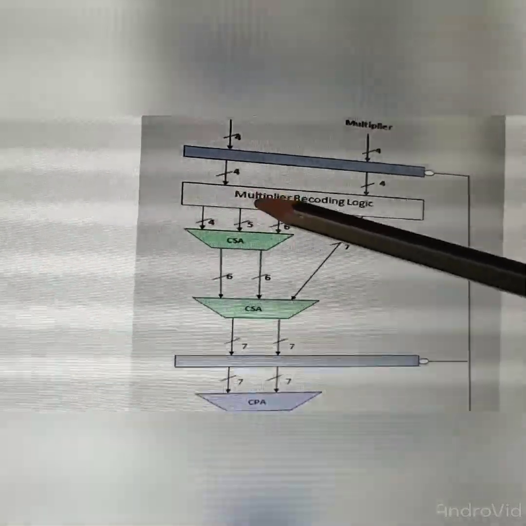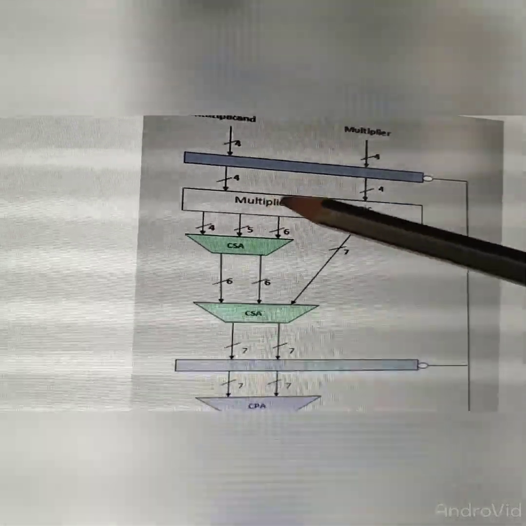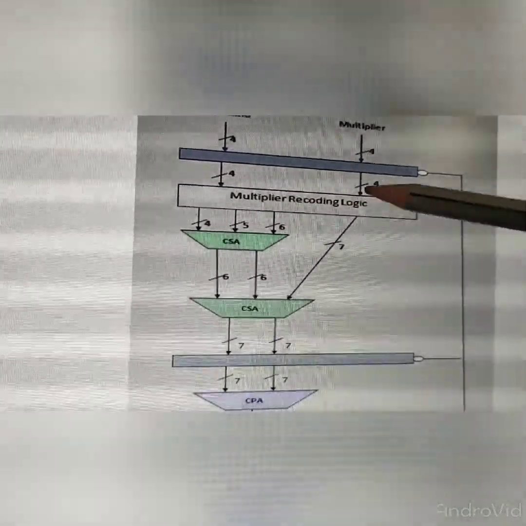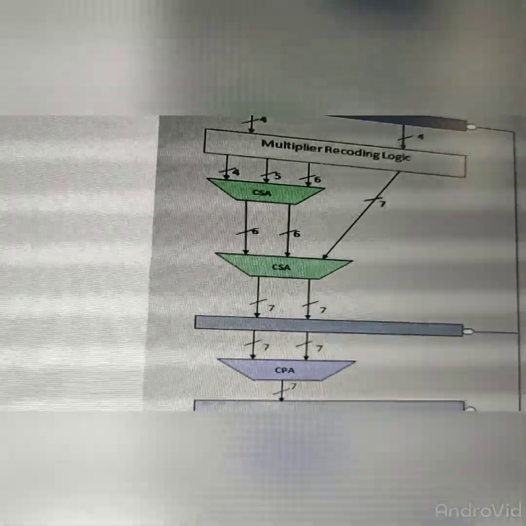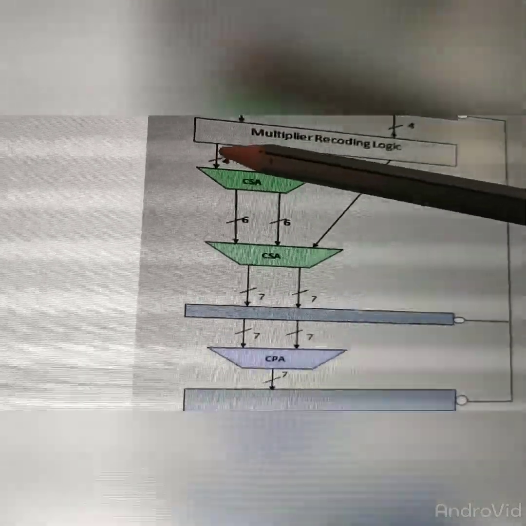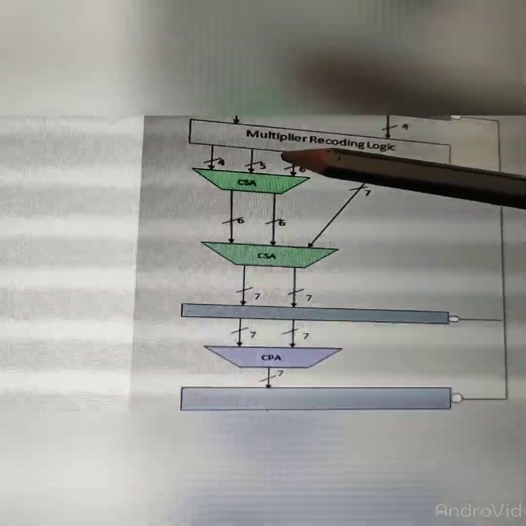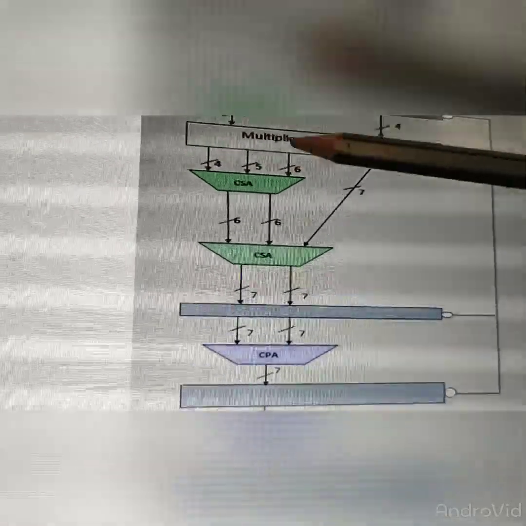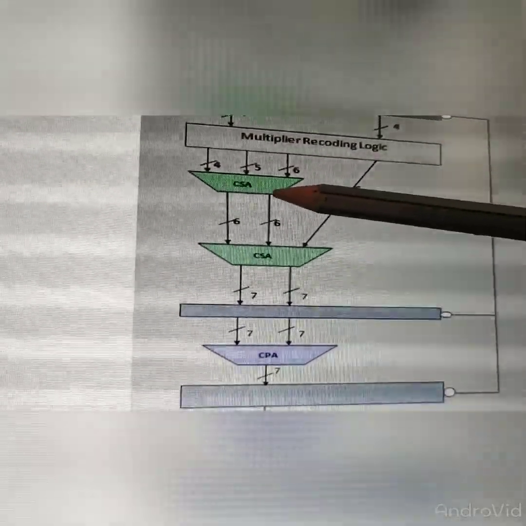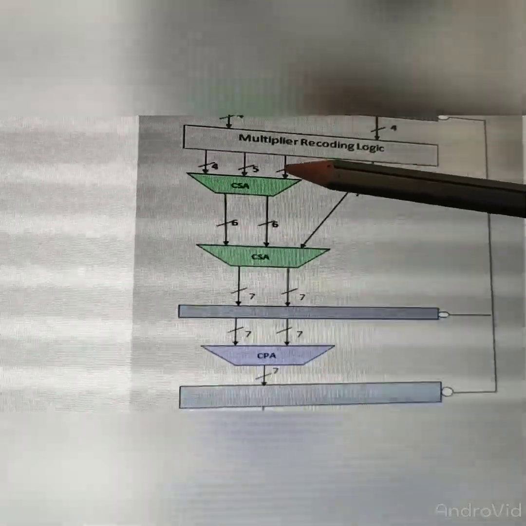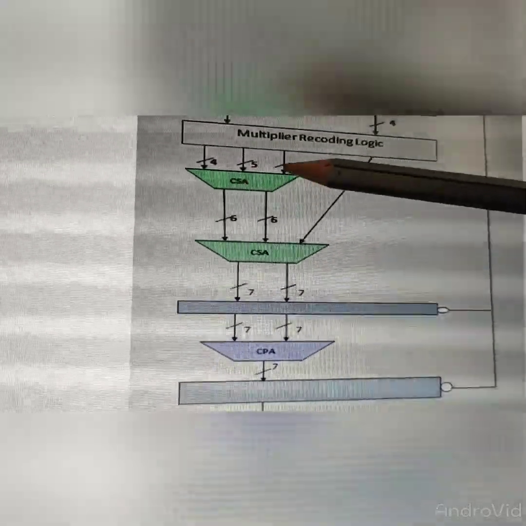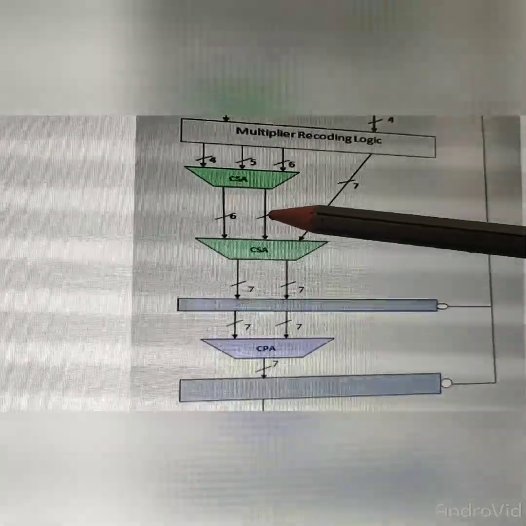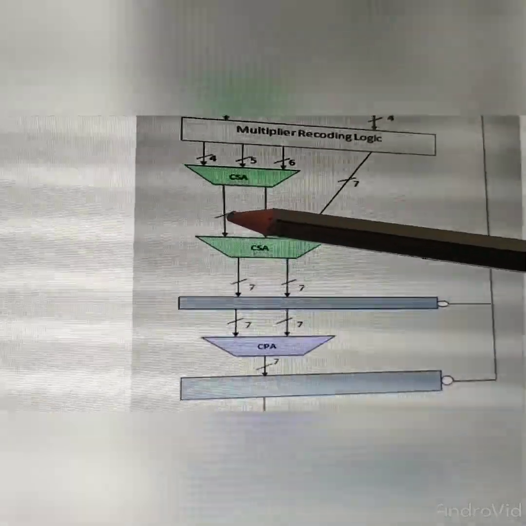P0 has 4 bits, P1 has 5 bits, P2 has 6 bits, and P3 has 7 bits. Then P0, P1 and P2 are passed to the carry save adder. Maximum number of bits passed to this carry save adder is 6. That's why it produces 6 bits of sum and 6 bits of carry.